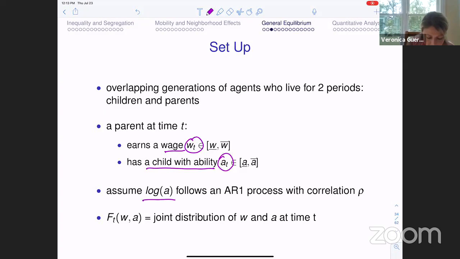And we are going to assume some persistence in the ability of the kids, so we assume that log A follows an AR(1) process with a high correlation, rho. And then we are going to be interested in the joint distribution of wages and innate ability, and how this is going to evolve over time. This is going to be an endogenous object.